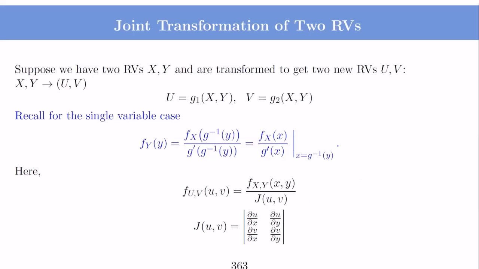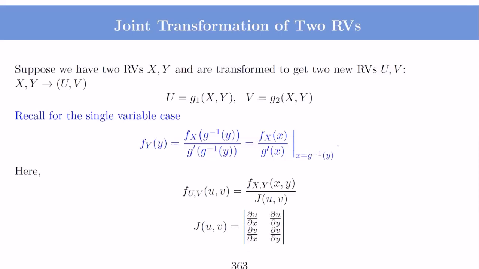And the Jacobian is nothing but the derivative of this transformation in both axes. So J is defined as the matrix del u by del x, del u by del y, and del v by del x, and del v by del y. So all four possible combinations of the derivative.